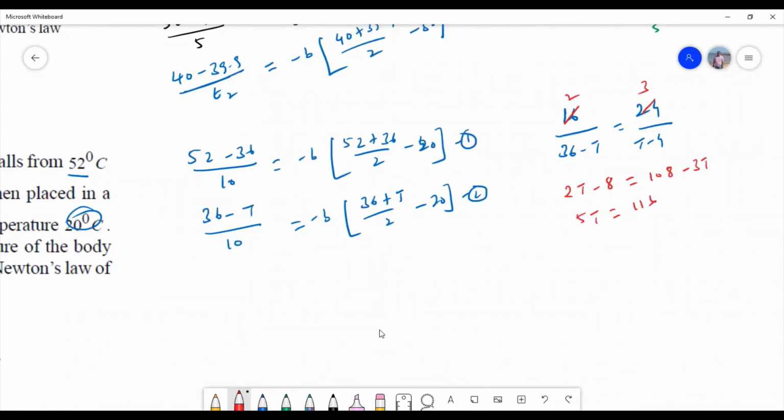And this is again 36. This one will be 36 plus t by 2 minus 20, so it will be t minus 4.